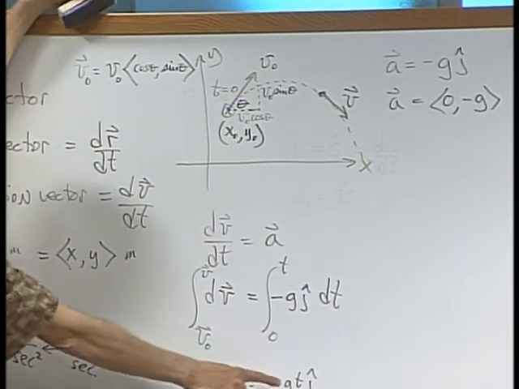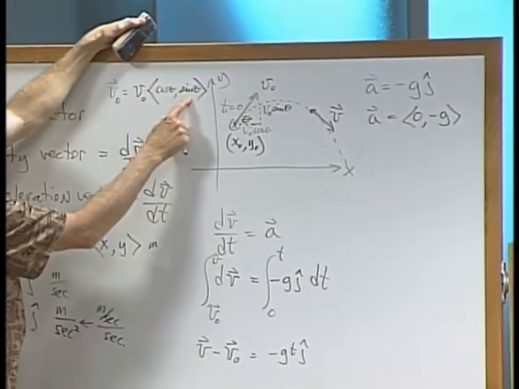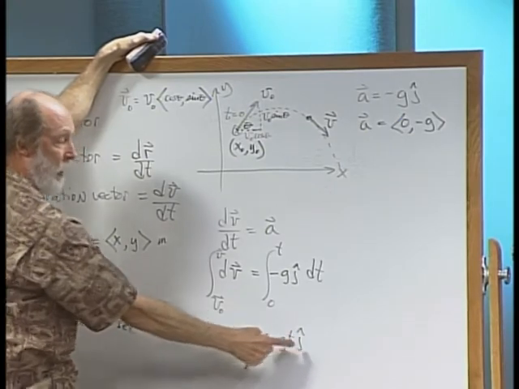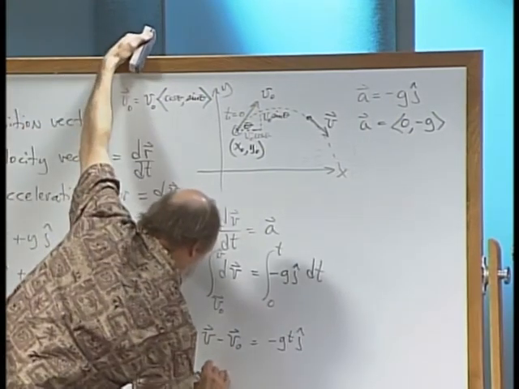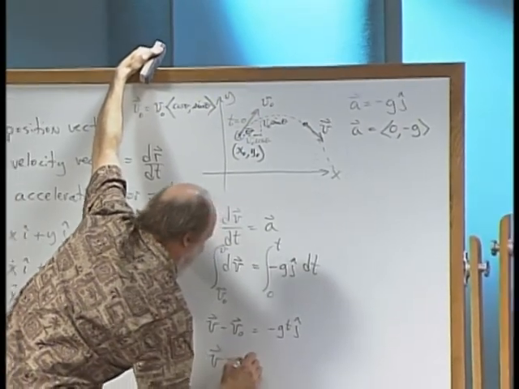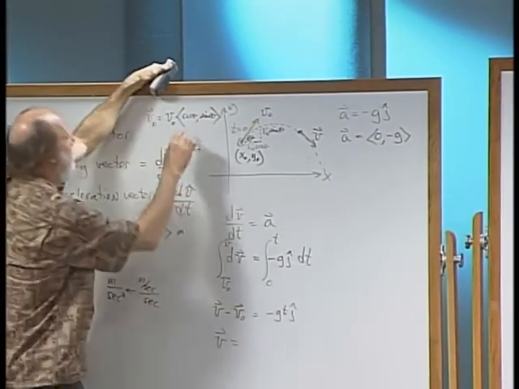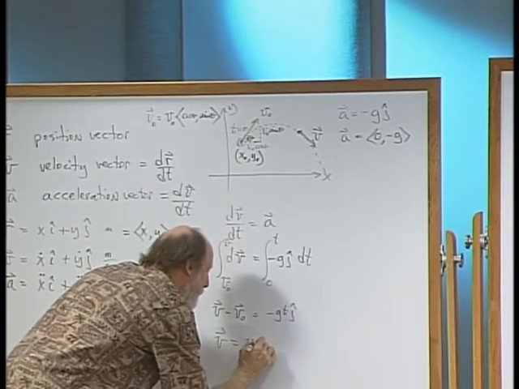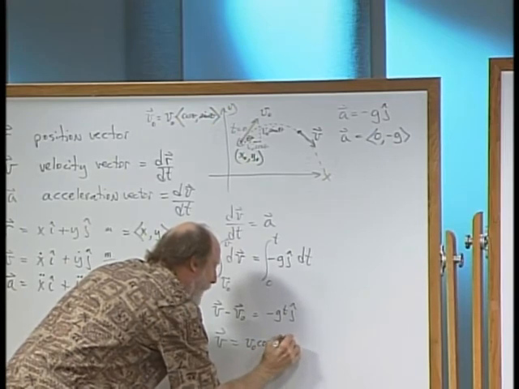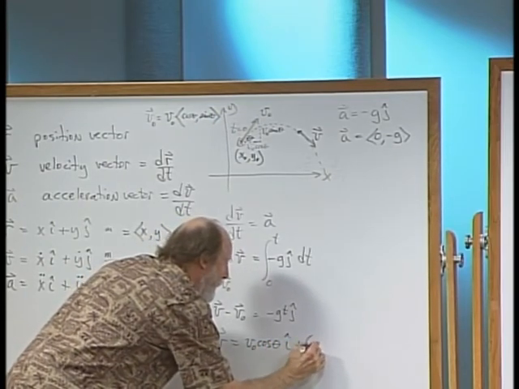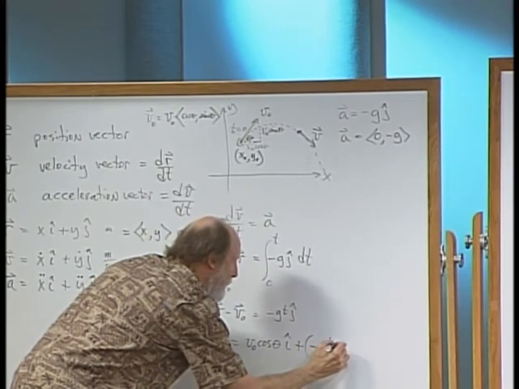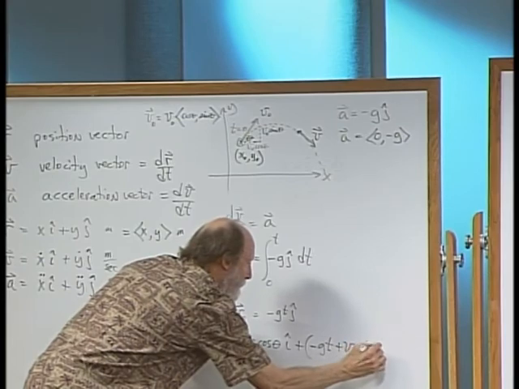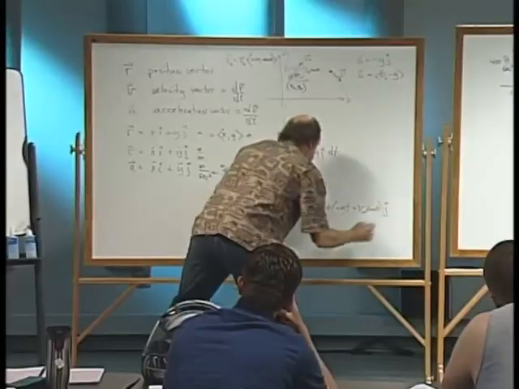And notice there's a j term up here, v naught sine theta, that's going to be combined with this minus gt j term. So we move that over to the other side, and we get a velocity profile that is made up of v naught cosine theta i hat plus minus gt plus v naught sine theta j hat.